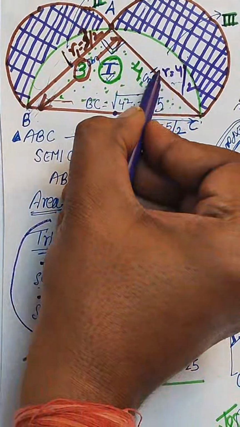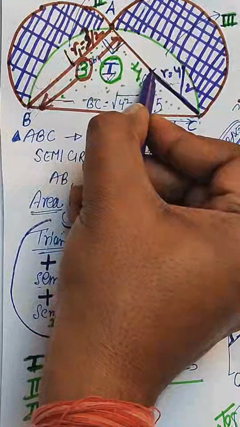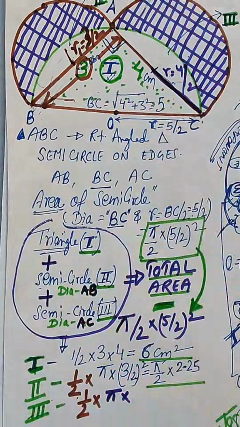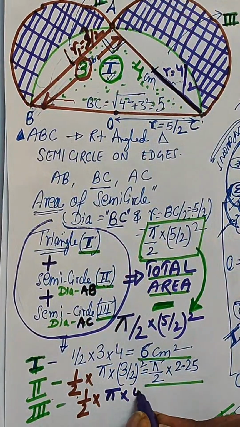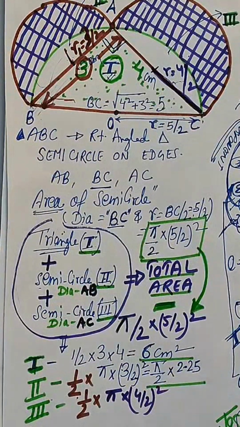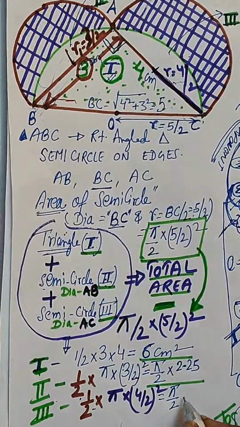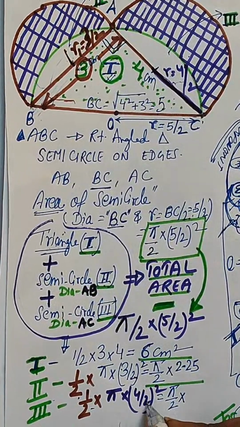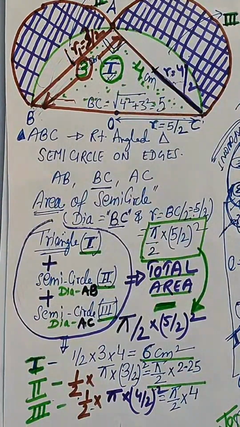This radius will be 4 by 2 because AC is the diameter, right? So it will be 4 by 2 whole square, and this is coming as pi by 2 into 4 by 2 is 2, 2 square is 4, pi by 2 into 4, right?